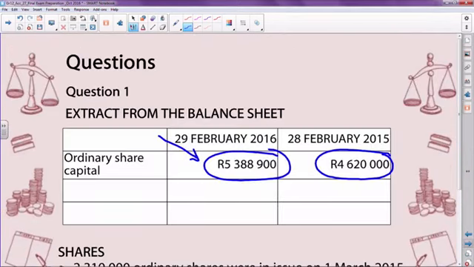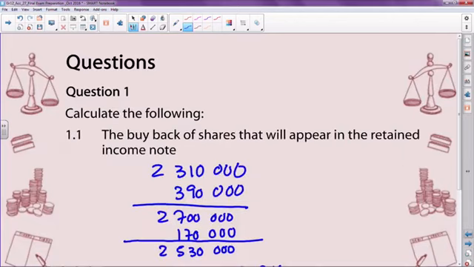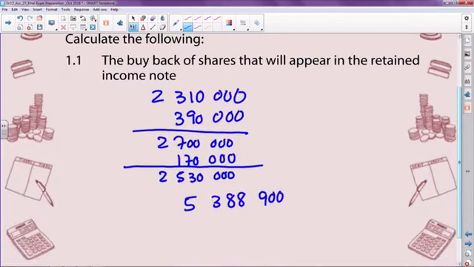Let's just check that figure: 5,388,900. Okay, that one there, we have to divide it by 2,530,000 shares. Why? Because that's the number of shares that we have left over at the end of the year.